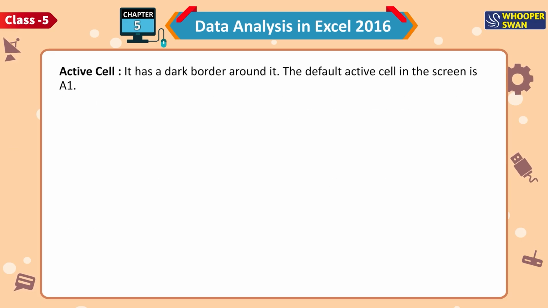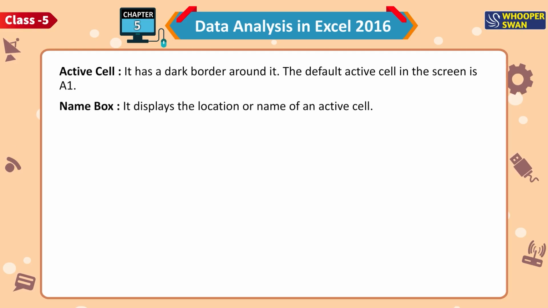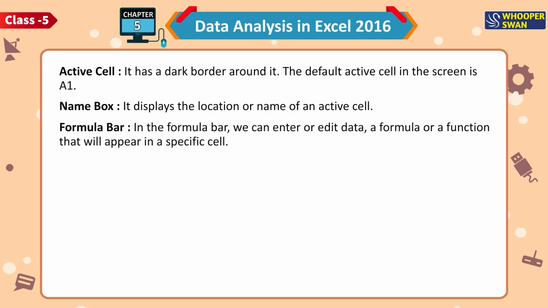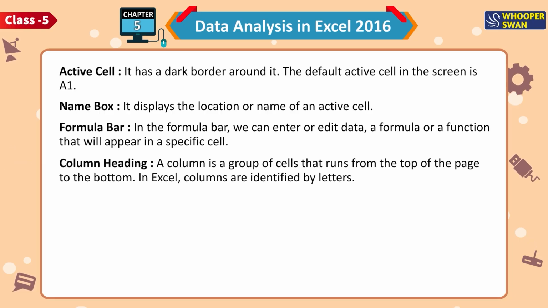Active cell. It has a dark border around it. The default active cell in the screen is A1. Name box. It displays the location or name of an active cell. Formula bar. In the formula bar, we can enter or edit data, a formula or a function that will appear in a specific cell.